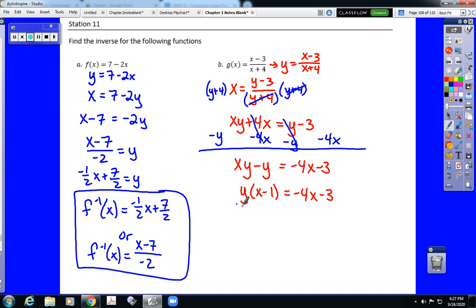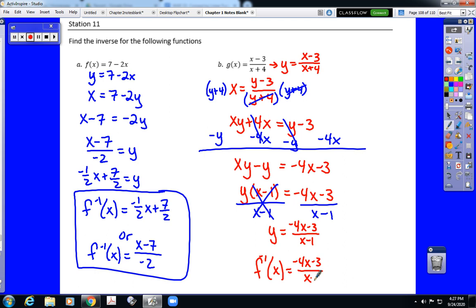And then we divide by x minus 1, which on the left will cancel and leave us with y equals -4x minus 3 over x minus 1, which means that the inverse of f of x is -4x minus 3 over x minus 1.